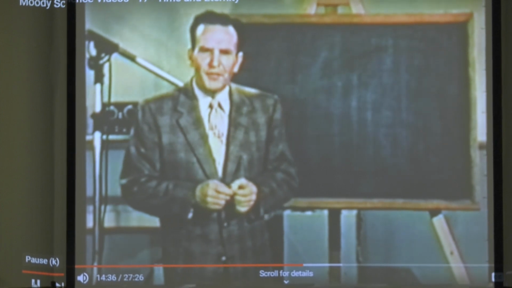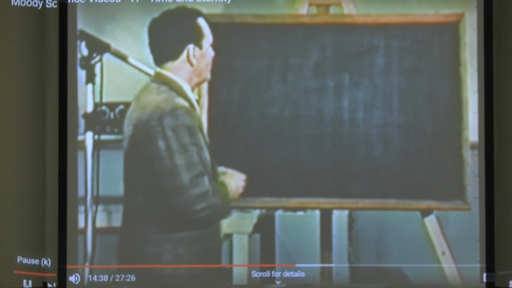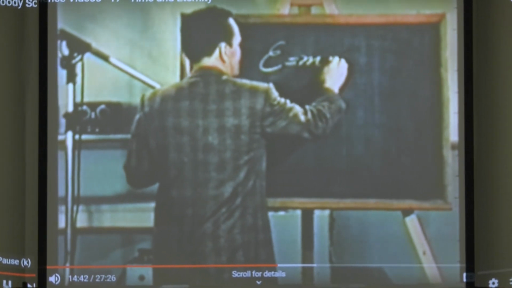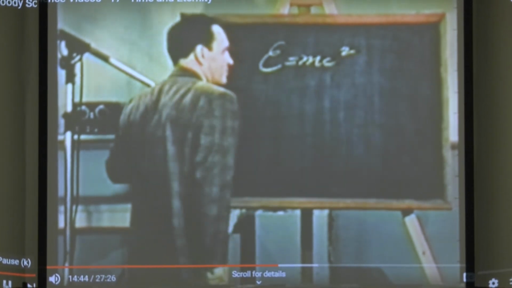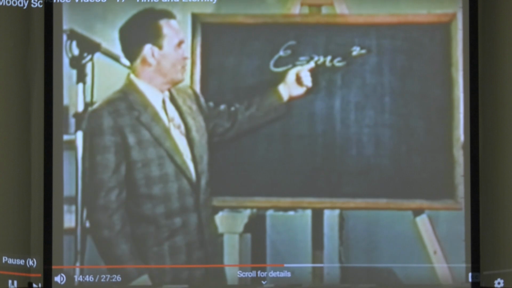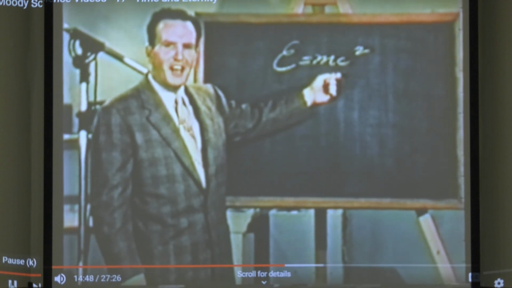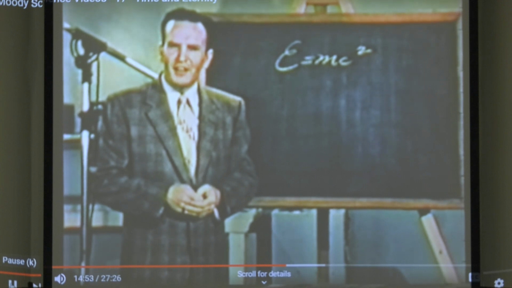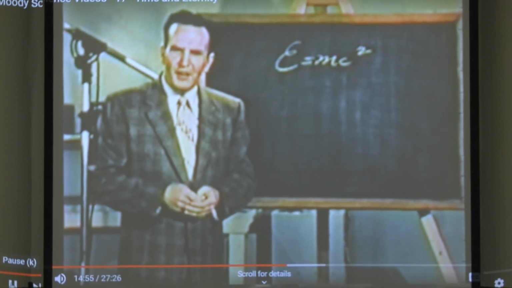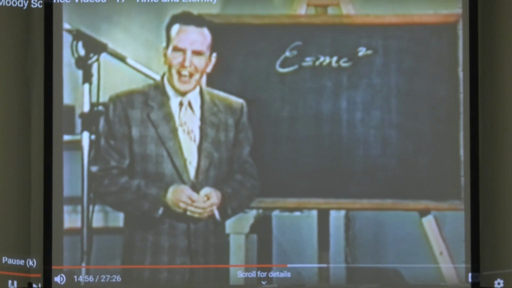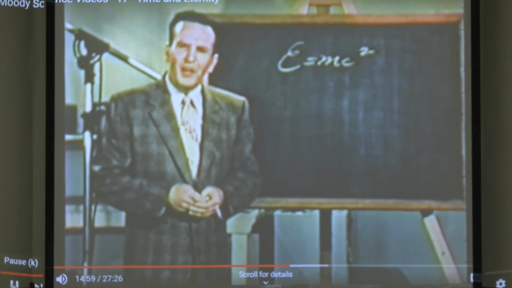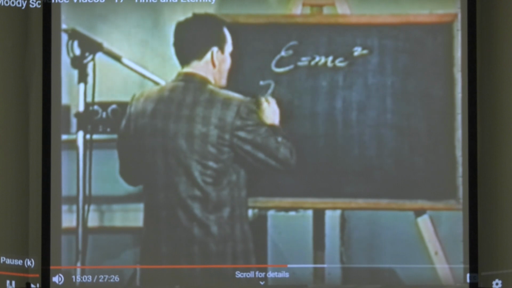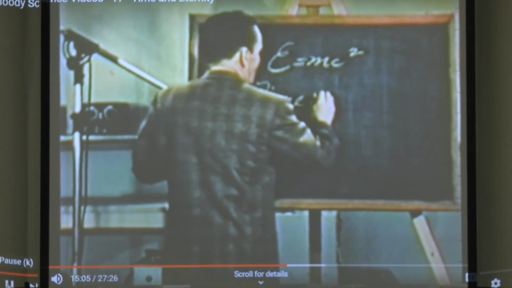Now, an important part of that concept can be expressed in a simple equation. E equals mc squared. Energy equals mass times the speed of light squared. The equivalence of mass and energy. The basic formula that unlocked the secrets of the atom. But equally, if not more important, is that relationship between time and space.